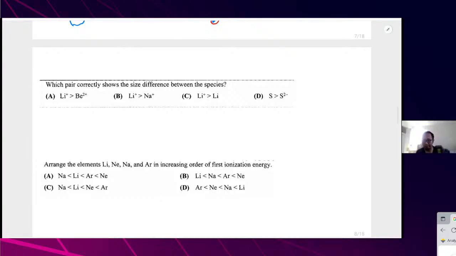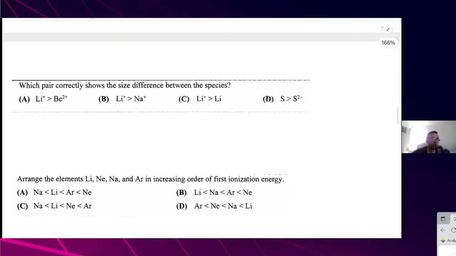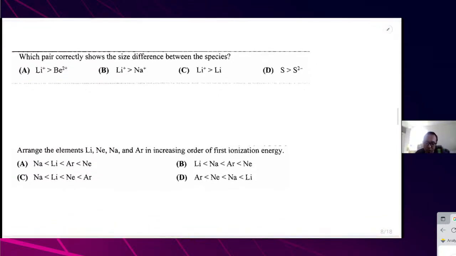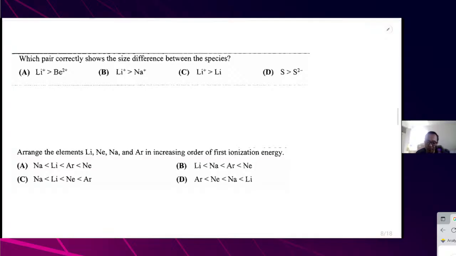All right, so now we are moving to another question. Still the same concept, the periodic table. The question is, which pair correctly shows the size difference between the species?